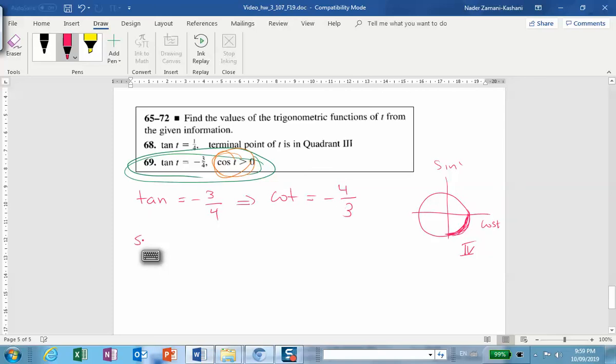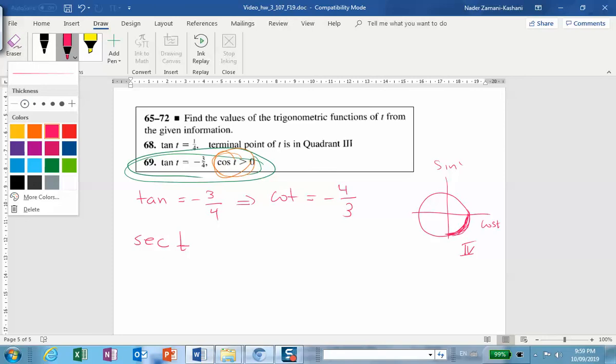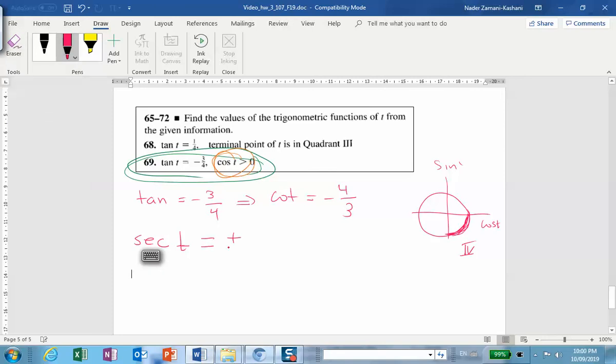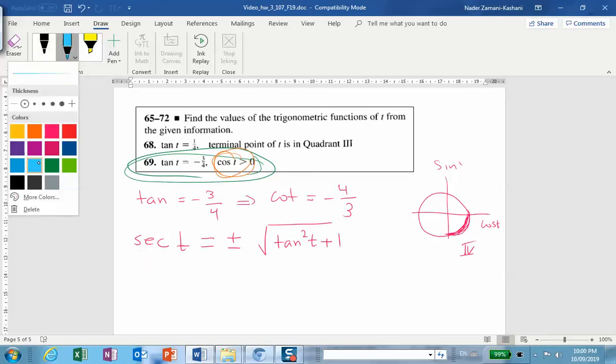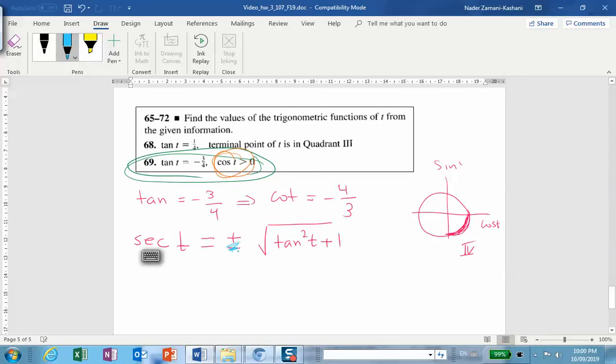Now, the other one was secant of t equal to plus or minus square root of tangent squared t plus 1. Do you remember this identity? Okay, good. Now, because you're in the fourth quadrant, cosine is positive, secant is positive. So do not use the negative sign.